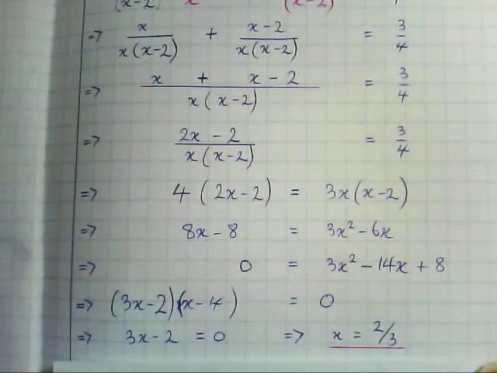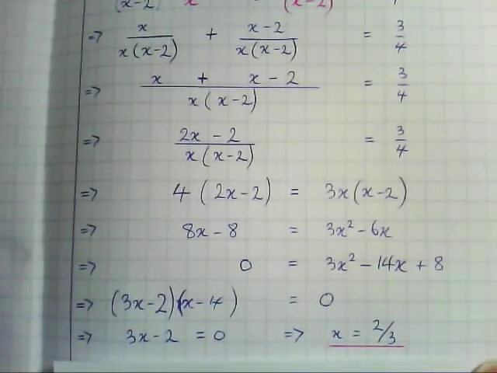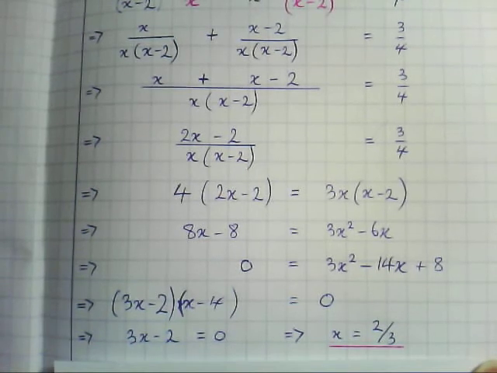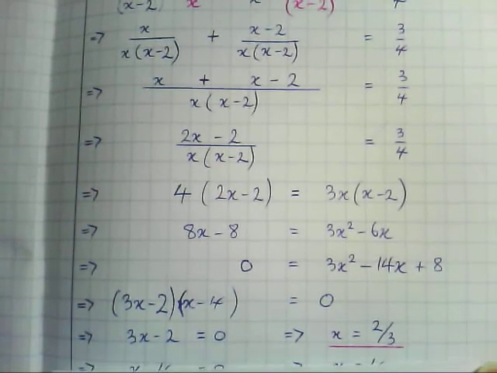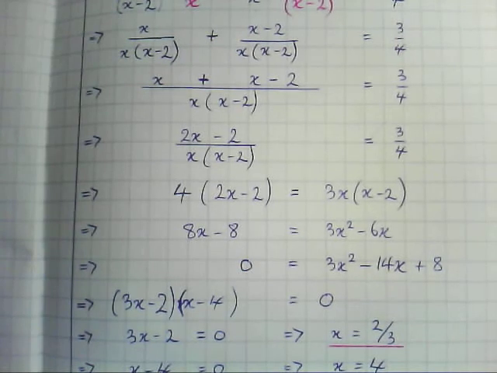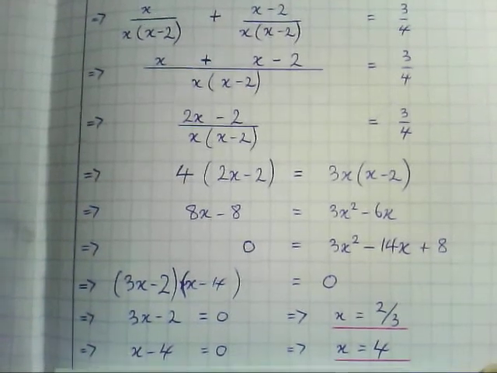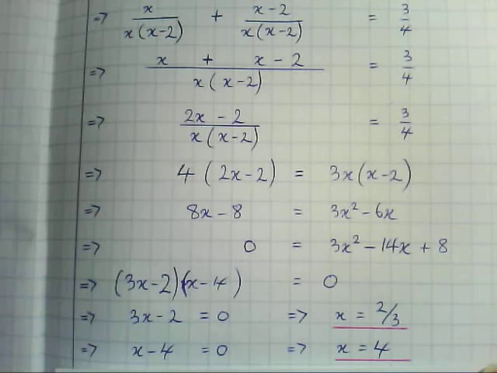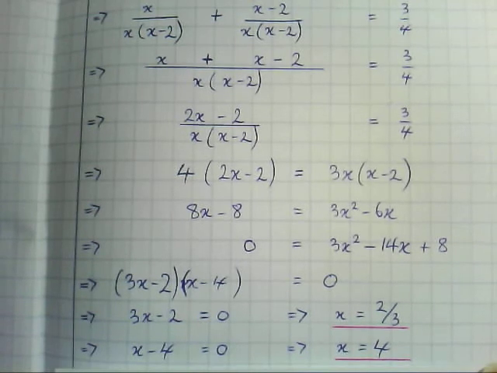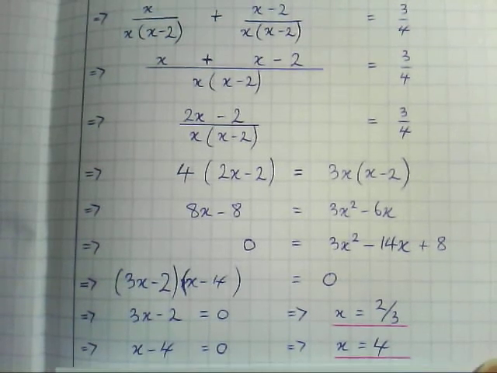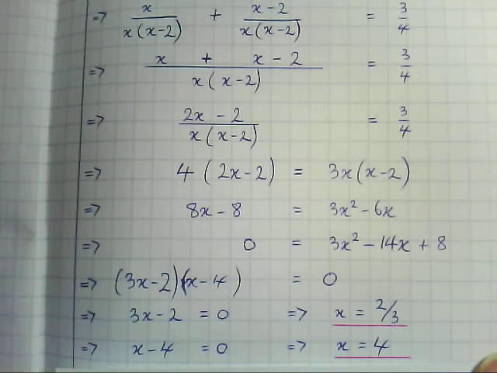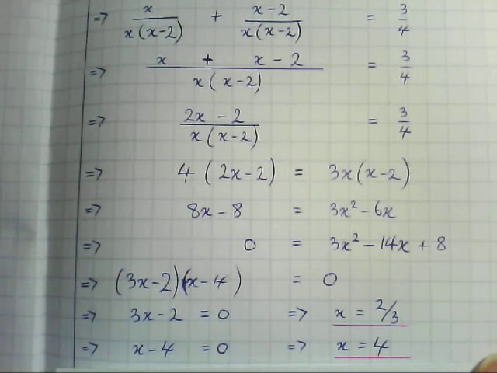So there's the 3x minus 2 equals 0. When we solve that, we get x is equal to 2/3. And for that second factor, which is x minus 4, if it does equal 0, then we solve that and we get x equals 4. And so that is your final solution for the original algebraic fraction question.